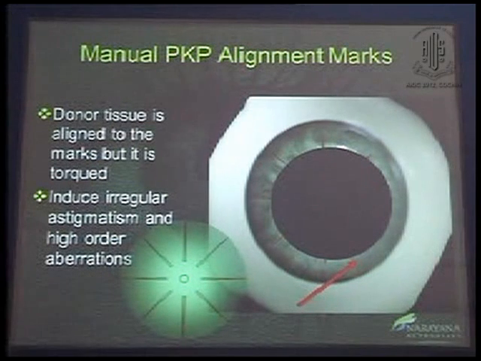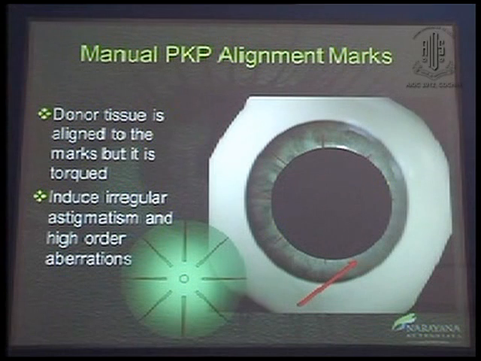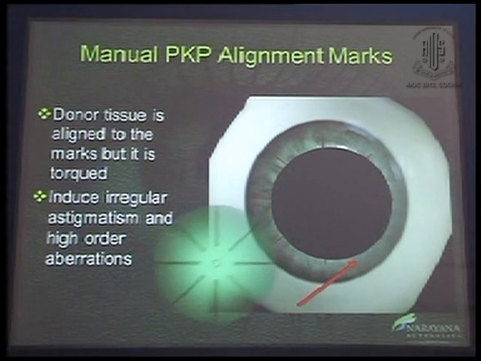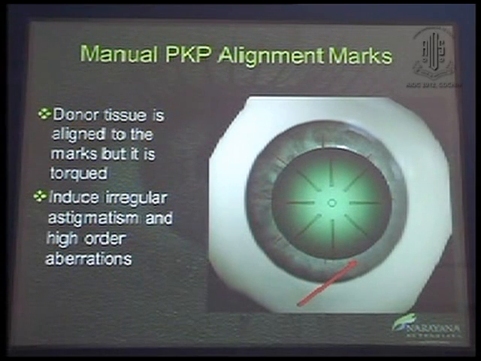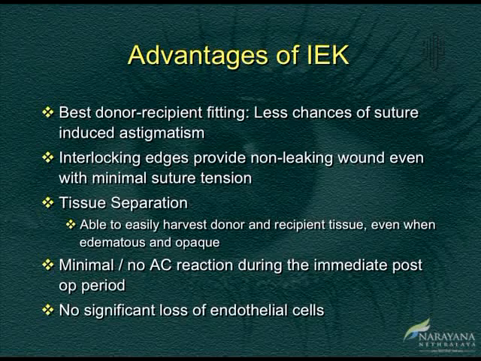When we talk about centration, or XY centration of the graft, we have tried all the techniques. We put an 8 marker or the RK marker and then do trephination. Unfortunately, both of them may not correlate together, and you may end up with a decentered graft and finally irregular astigmatism.